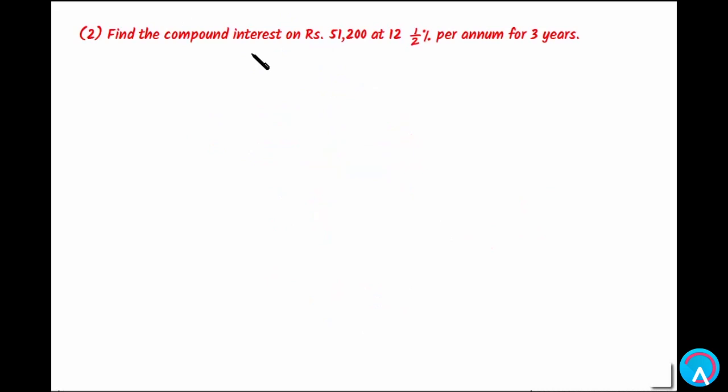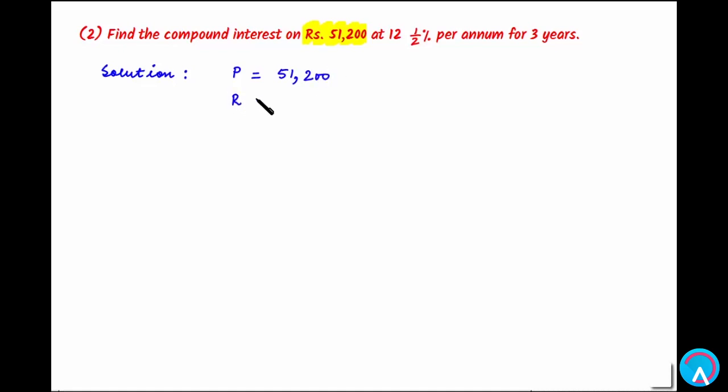Let's take the next example. Find the compound interest on rupees 51,200 at 12.5% per annum for 3 years. Here, the principal P is 51,200.